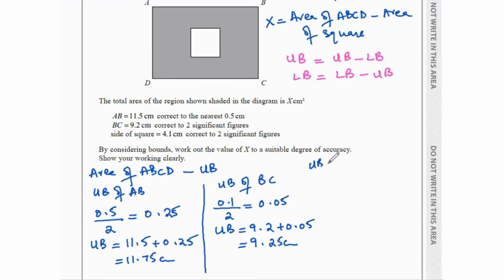So upper bound of ABCD area is going to be 11.75 times 9.25, which gives us a value of 108.6875 centimeters square. Okay, now we find the lower bound of ABCD.